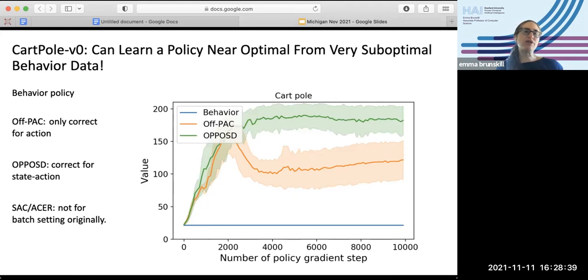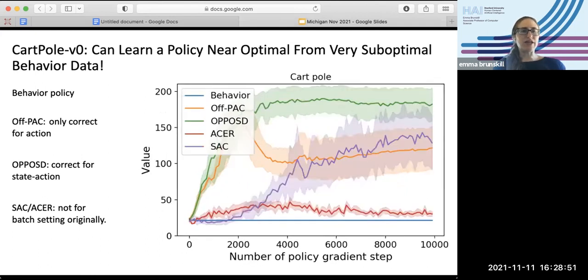You can see here too that this performance, I think in this case 200 is optimal, is achieved even though the data was gathered under something highly suboptimal. And I'll emphasize that some of the other methods that have been tried before, which can be adjusted to the setting but don't explicitly account for the state distribution mismatch, do much worse than we do.